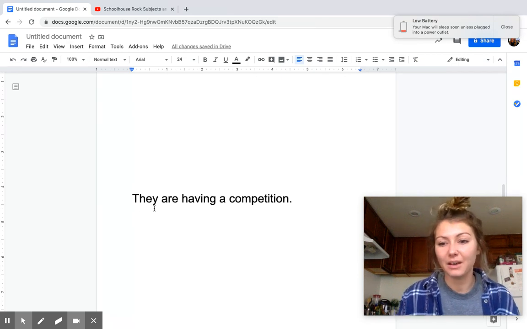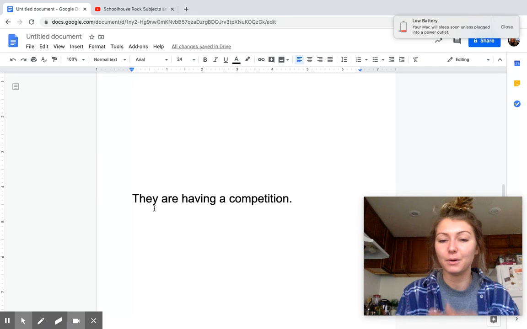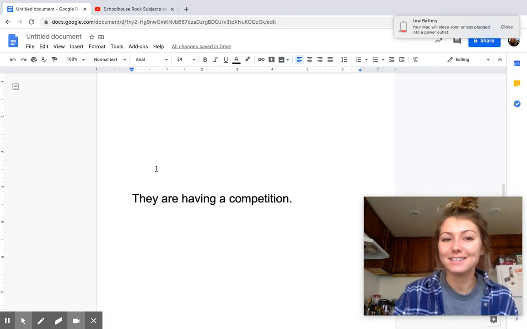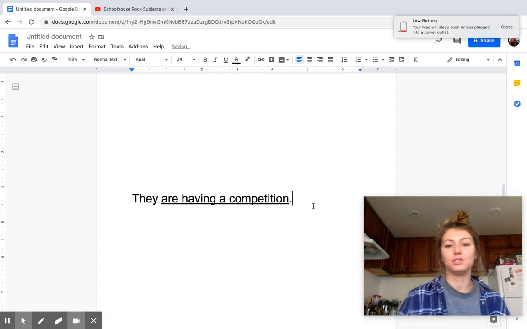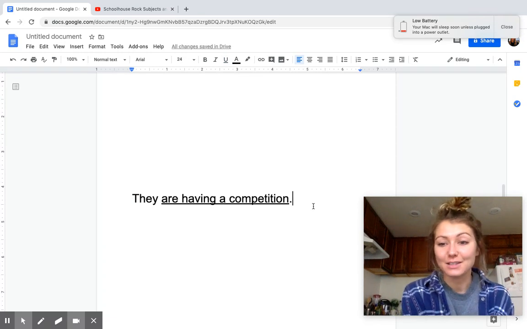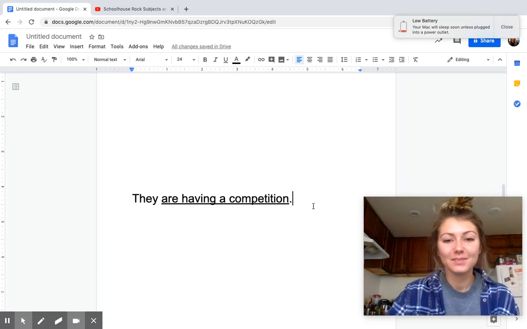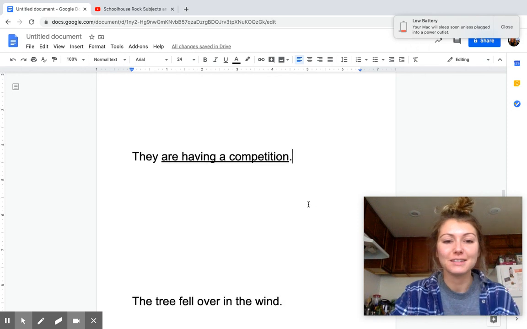They is a pronoun that talks about many people in a group. So they are the subject of the sentence. Are having a competition. That whole section, the verb are having a competition, that's our predicate. Let's go ahead and move on to our next sentence.